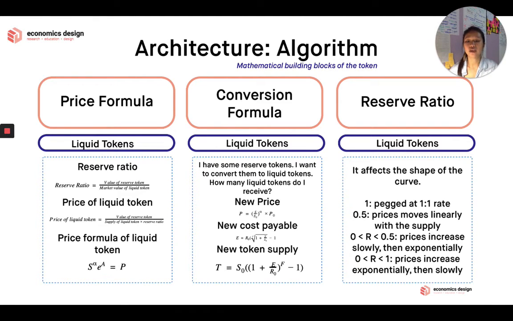So that's the general formula, that's how we start with the reserve ratio. And the price of liquid token is basically you just rearrange that. You get value of reserve token divided by supply of liquid tokens times reserve ratio. And if you do a bit of expansion and a bit of playing around, which the paper goes step by step into, then you get this formula where price is the supply times a function of the exchange rate, 1 over F minus 1.